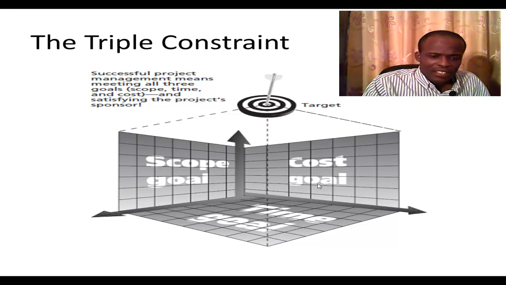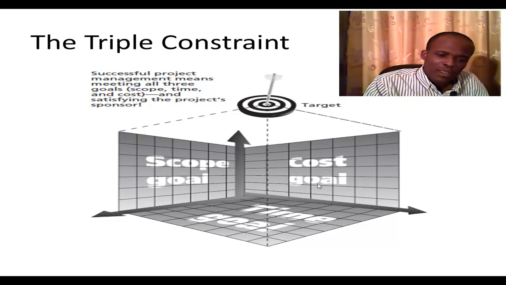Then there's the scope element, which is extremely important. Of course, all of them are important. Scope is extremely important because depending on how you understand the project, and depending on what the client wants, you may have to drop a set of activities, or you as a project manager together with your team can engage in activities to make sure that you meet the client's performance or scope goal.